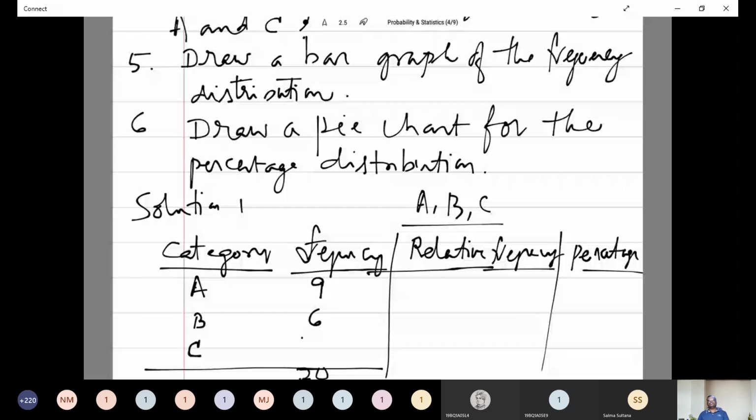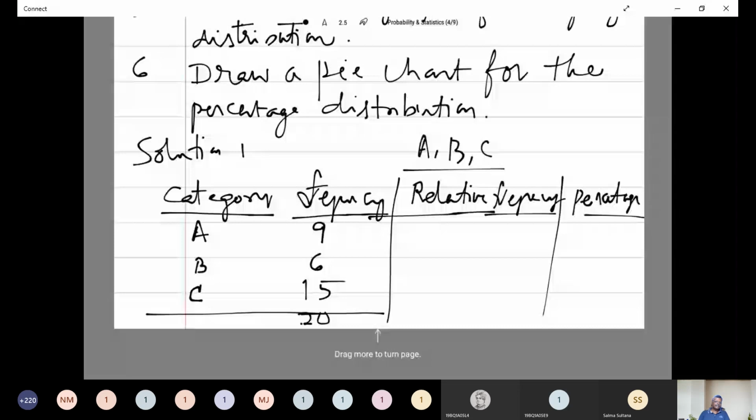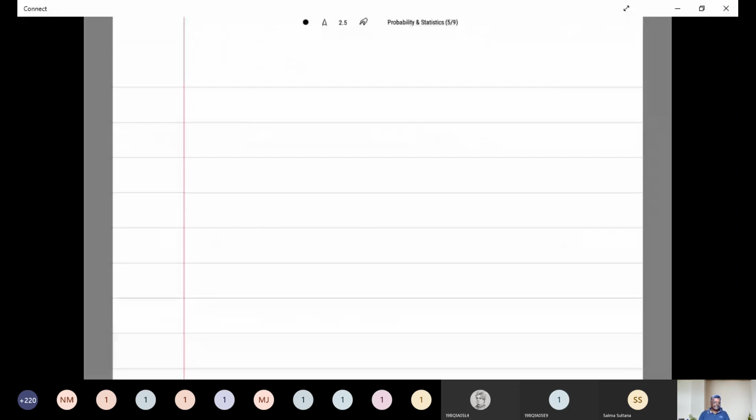Now we can find the relative frequencies. That means the frequency related to the category divided by total number of frequencies. What is the first category? Frequency of the category A is equal to 9. Total frequency is equal to 30. Therefore, 9 by 30. Simplifying this, the value is 0.3.